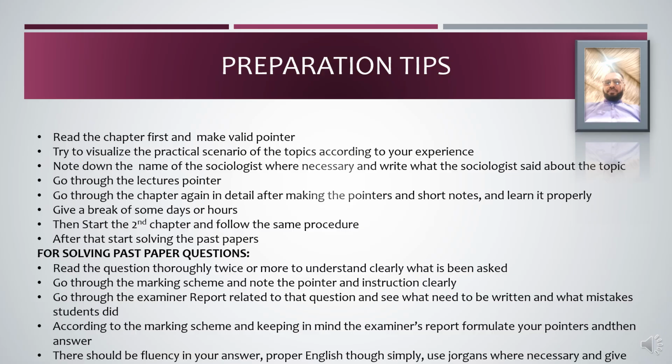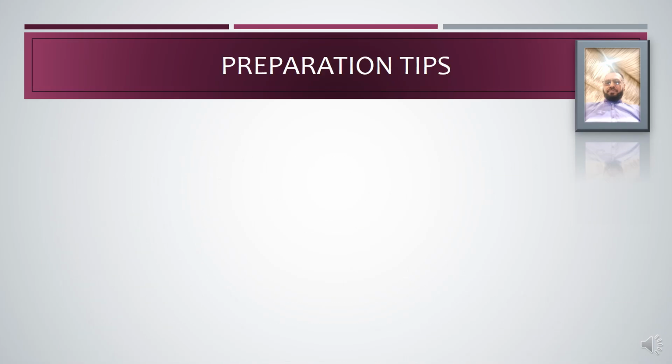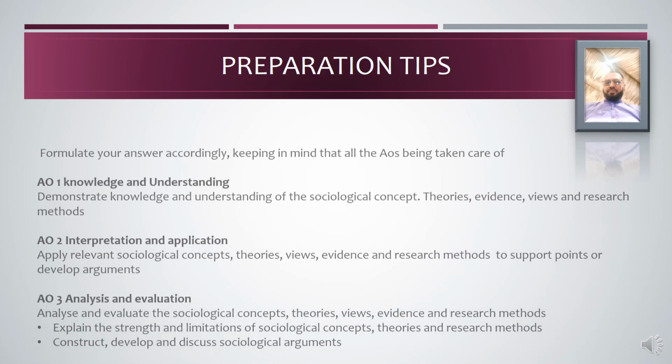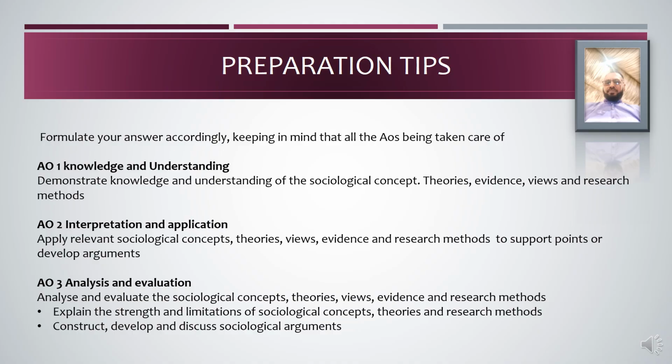Formulate your answer accordingly. You know what AO, assessment objective, is. Assessment objective means whatever the examiner wants to assess in your answer. Assessment objective one is knowledge and understanding.